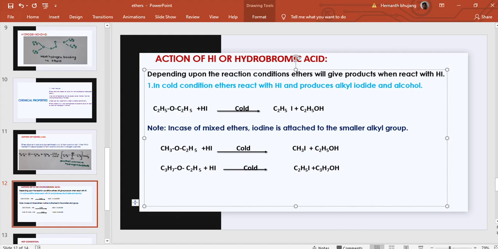So ethyl iodide should be the product, and the remaining C3H7O takes this hydrogen and is converted into alcohol. So here we are getting two products, alkyl iodide and alcohol, in cold condition with hydrogen iodide.